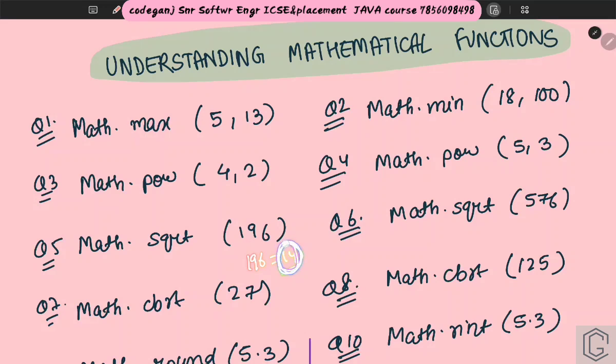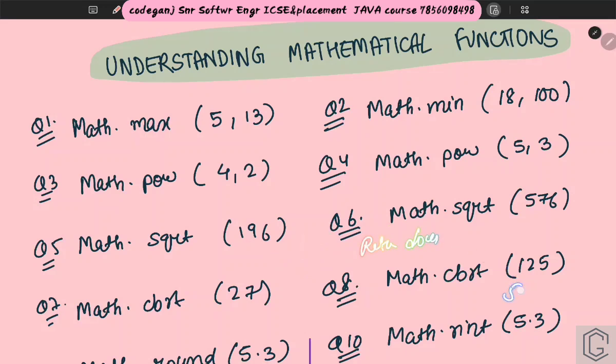Suppose it had been like this: 3 does not have a perfect square root. You know the square root of 3 is 1.717. If you do not give the return type as double, it will only return 1, and 1 is not the square root of 3. The square root of 3 is 1.717. That is why calculation mistakes will happen. That is why, remember, all these mathematical functions have the return type double.